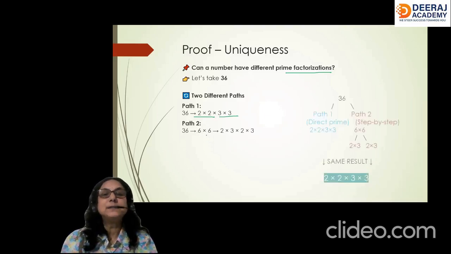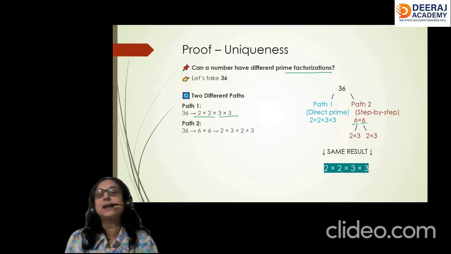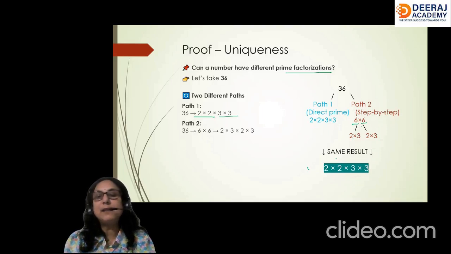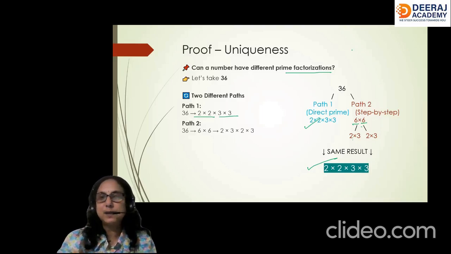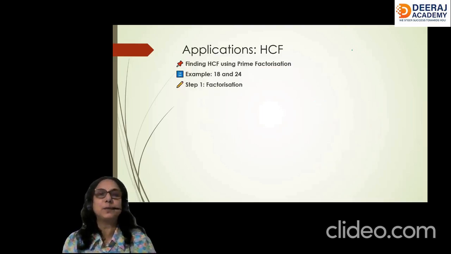But 6 is not a prime number, so we have to factorize these 6s again. It becomes 2 times 3 and 2 times 3. The final result is the same whatever way we choose. Whatever path we choose, the ultimate result will be the same. So that is the uniqueness of this fundamental theorem.